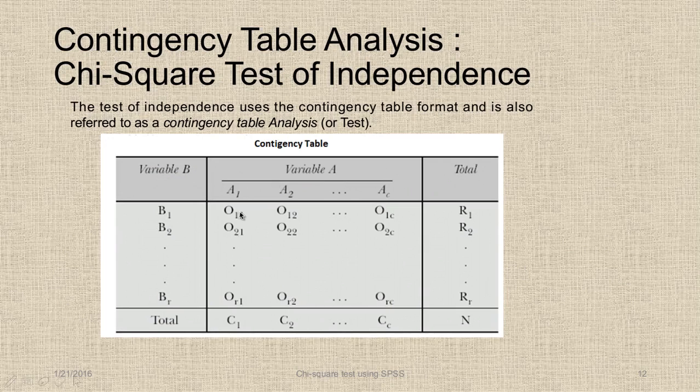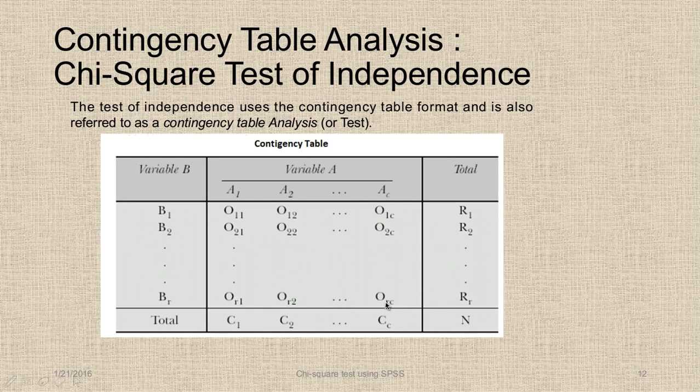See, variable A is arranged in these columns A1 to AC, and variable B is arranged in B1 to BR rows. So O11 is the observed frequency, or the number of cases falling in the category B1 and A1. Similarly, O12 is the number of cases or observed frequency for the category B1 and A2, and so on and on.